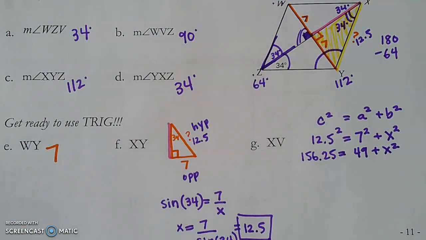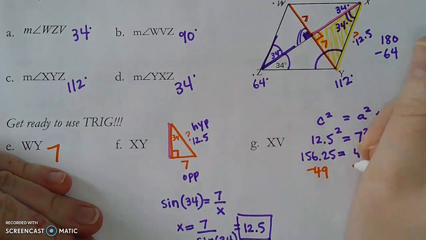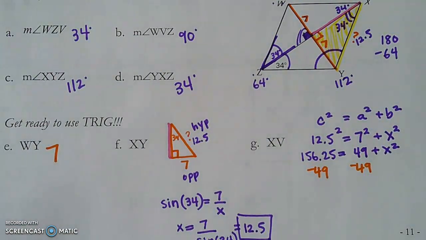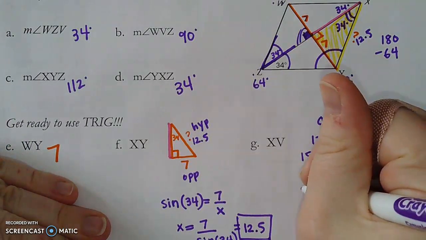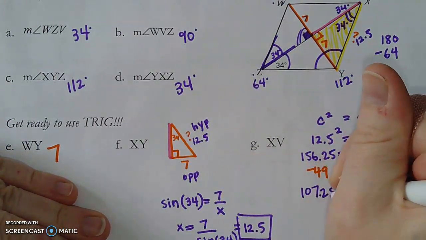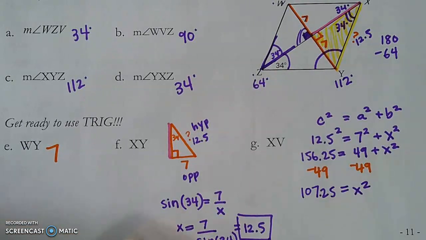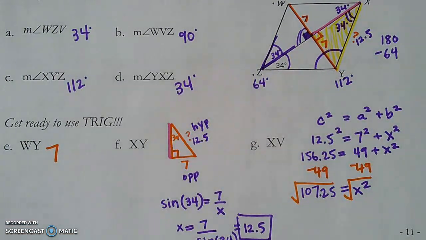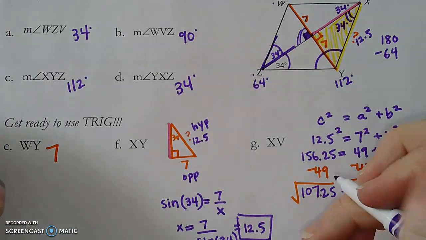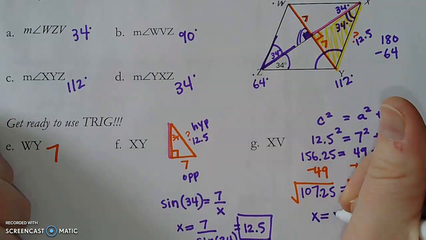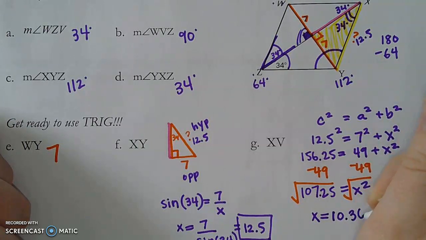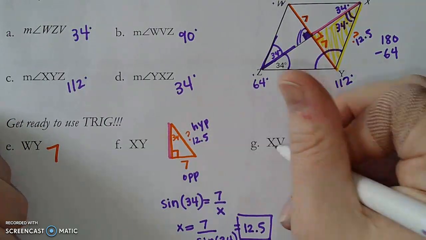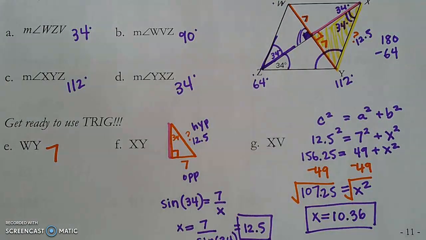All I have to do is subtract 49 on both sides. What does that give me? 107.25 equals x squared. We'll just square root both sides, so x equals 10.36. So that is what XV equals.